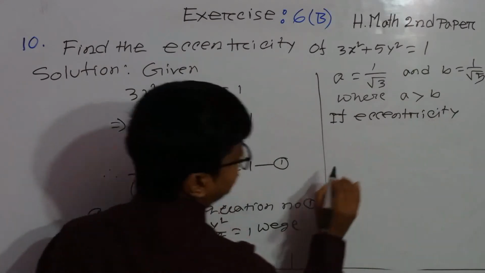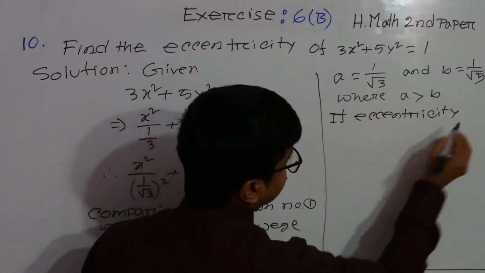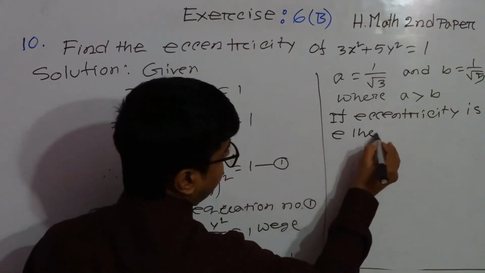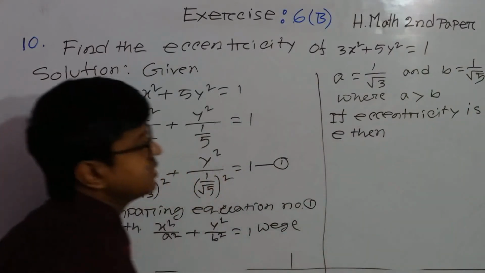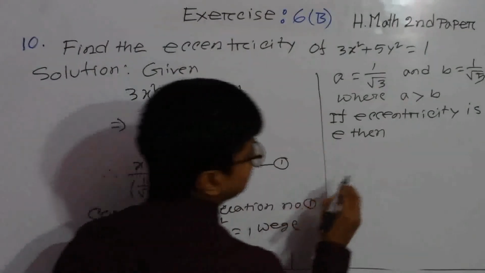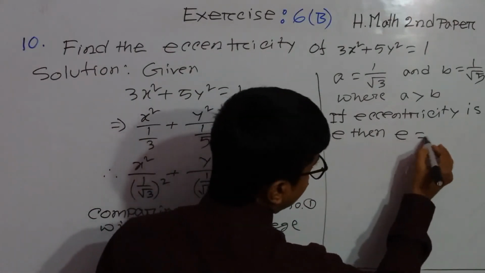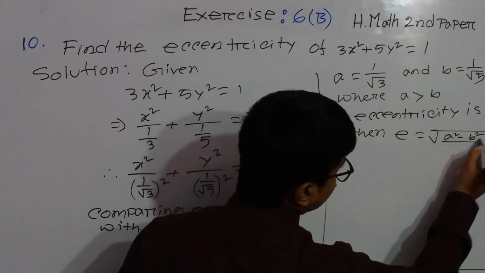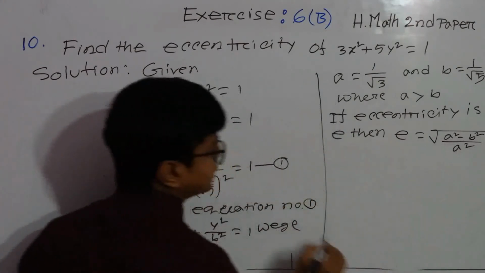If eccentricity is e, then we can write e equals root of (a squared minus b squared) by a squared.